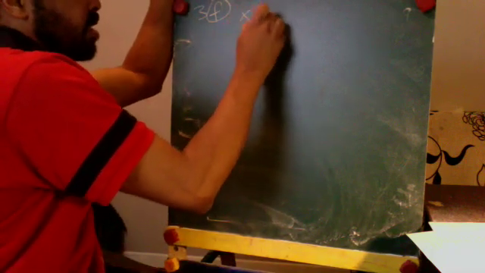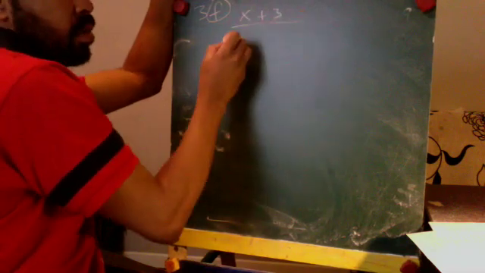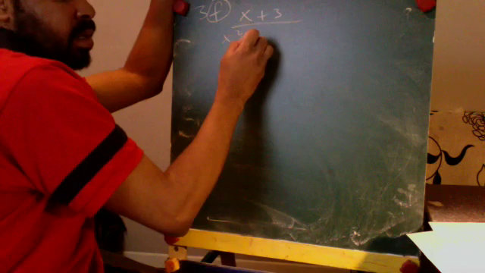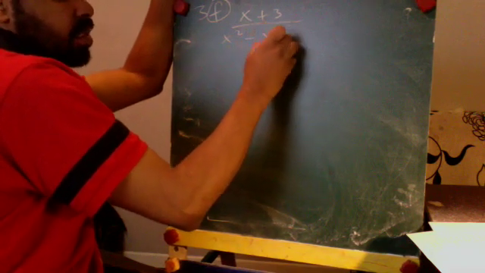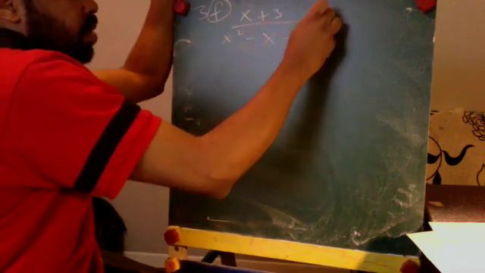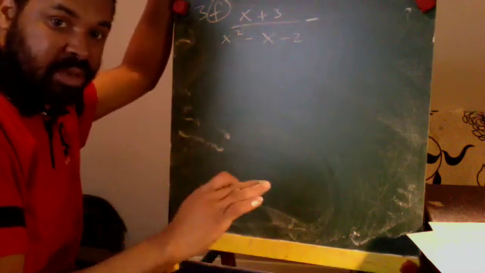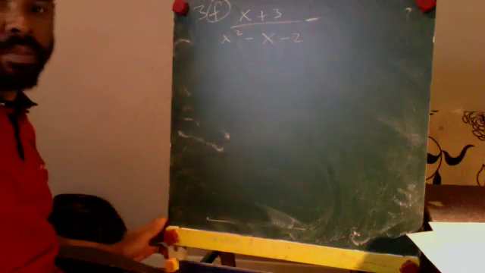3F, I have x plus 3 over x squared minus x minus 2. This is subtraction. There is no KCF with subtraction, right? No KCF here. All right.